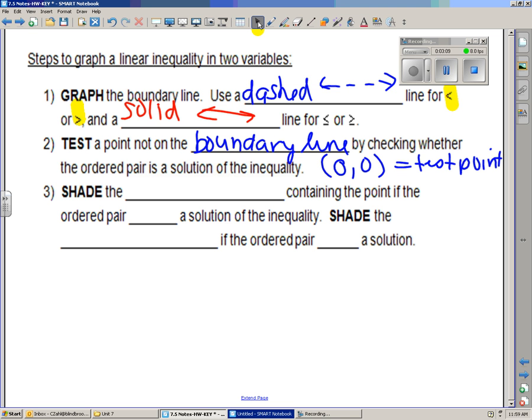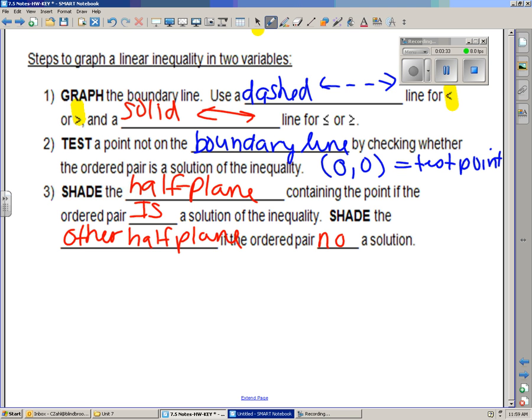If it is, you're going to shade the half plane, as we call it. It's not necessarily going to be exactly half, but you'll shade the half plane containing that point if the ordered pair is a solution, or you will shade the other half plane if the ordered pair is not a solution. Sounds like it might be confusing, but really it's not.